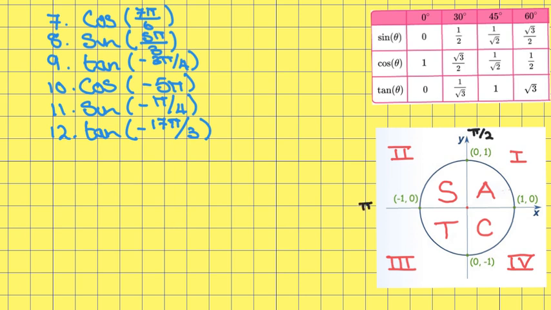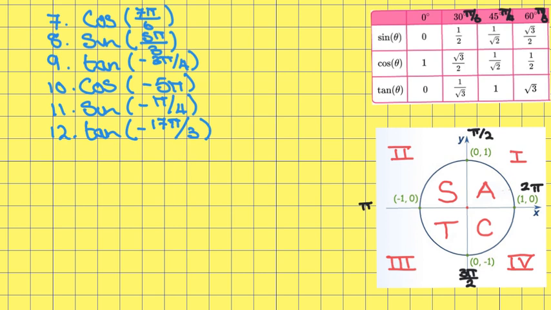We know that 270 degrees is 3 pi over 2 radians, and we know that 360 degrees is 2 pi radians, sorry. Let's go back to our table of values. So 30 degrees is pi over 6, 45 degrees is pi over 4, and 60 degrees is pi over 3. Now that will help us when we are looking for our angles, or the acute angle.